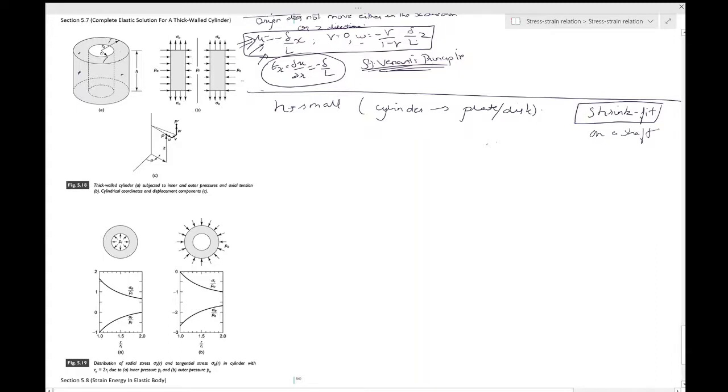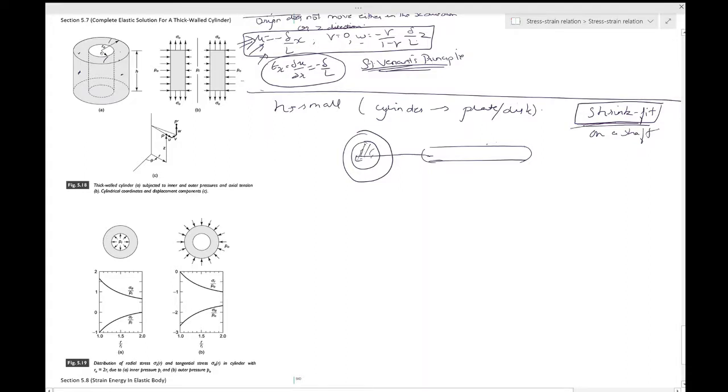So for example, if you have this disc, and then there is a shaft like this. This part has to go into this part to form an assembly, and then there is a shrink fit process which happens. There are thermal loadings which apply, which allow you to contract and expand, and once it has contracted, you let it go in, and then once it reaches a temperature, it will expand and fit it completely.